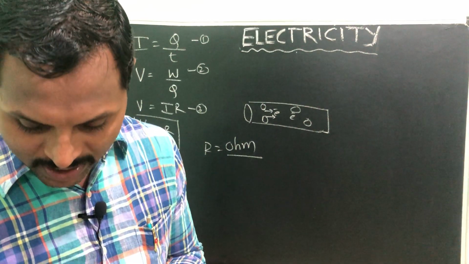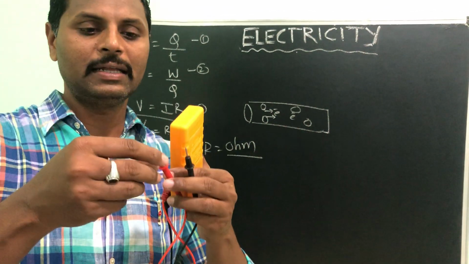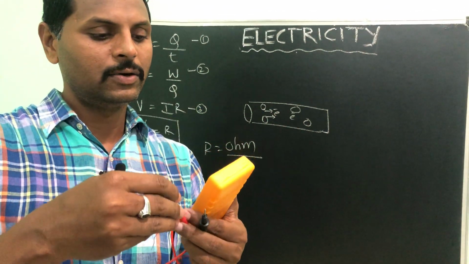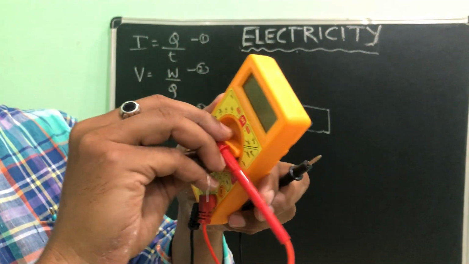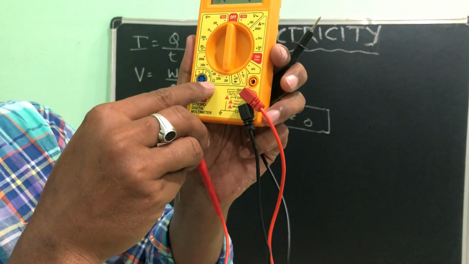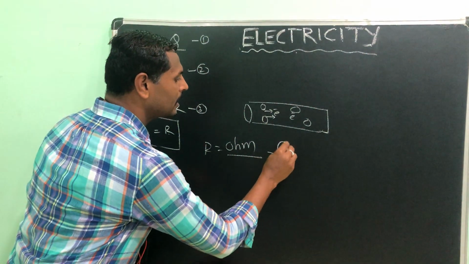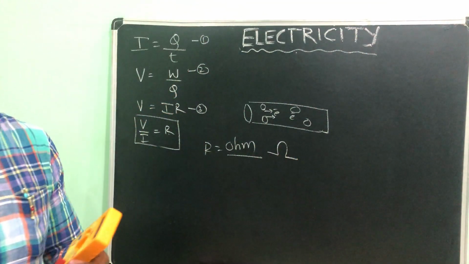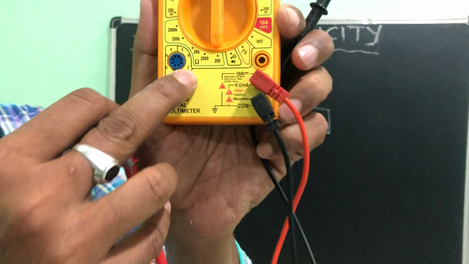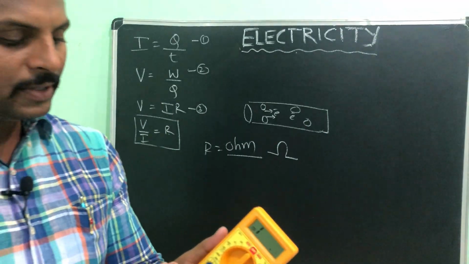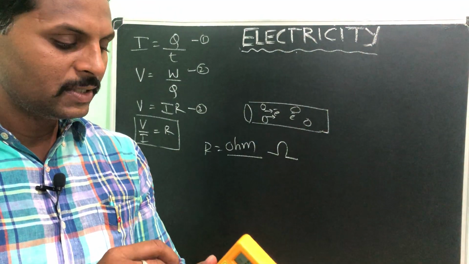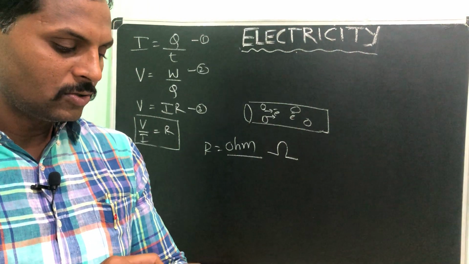For example, I will take one resistor here like this. You can see here, now it is off. I will make it on. See the sign of the ohm, we will take it like this. Here it is mentioned. So the multimeter we can use to measure the resistance also.